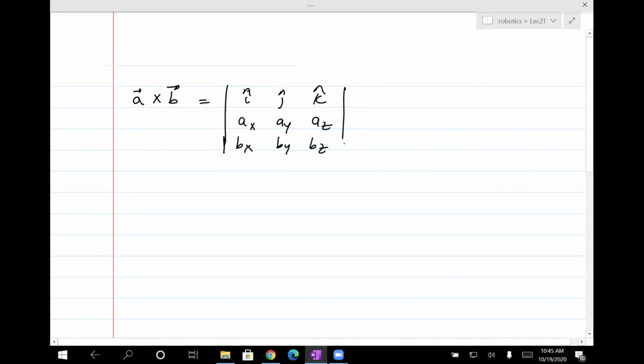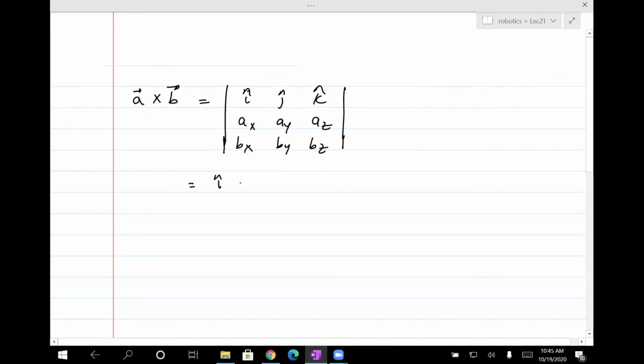So we have A cross B, and I wrote down the formula for A cross B. That's right, it's I J K, with A X, A Y, A Z, B X, B Y, B Z. So this is basically taking the determinant of a 3 by 3 matrix.